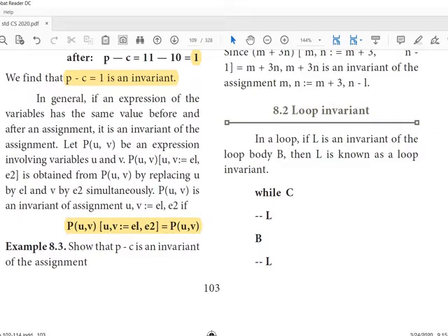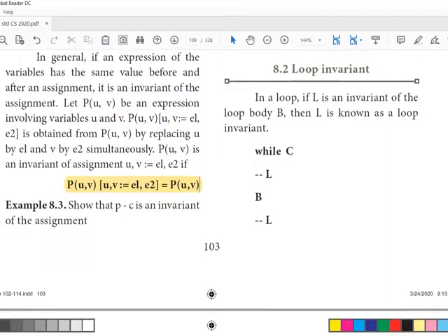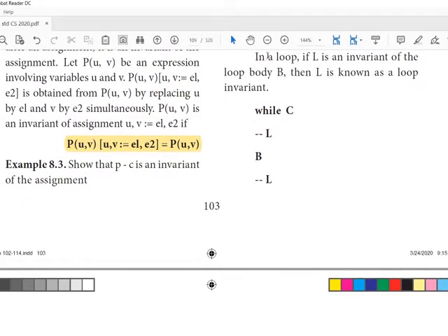Then what is loop invariant? In a loop, if L is an invariant of the loop body B, then L is known as a loop invariant.